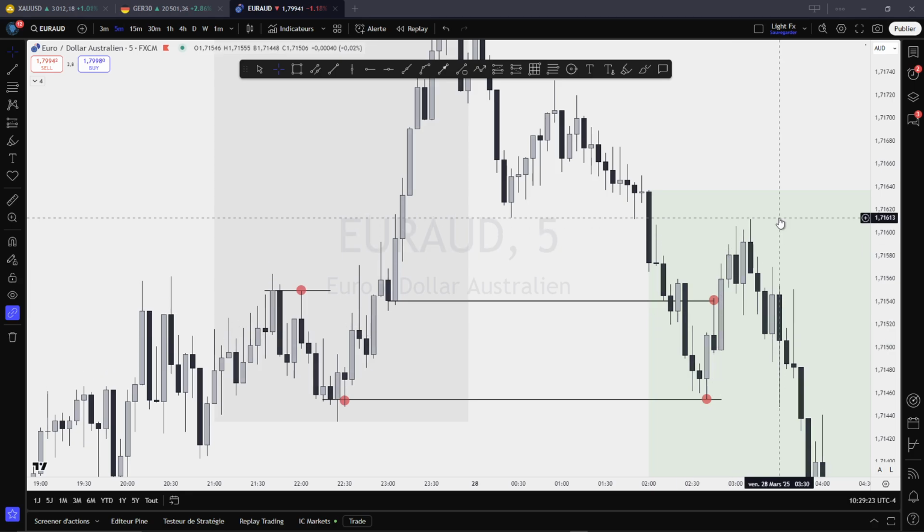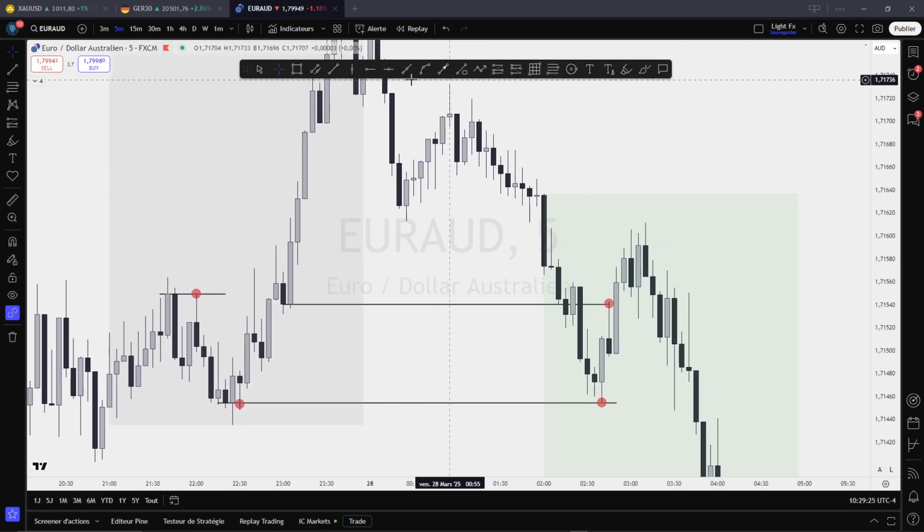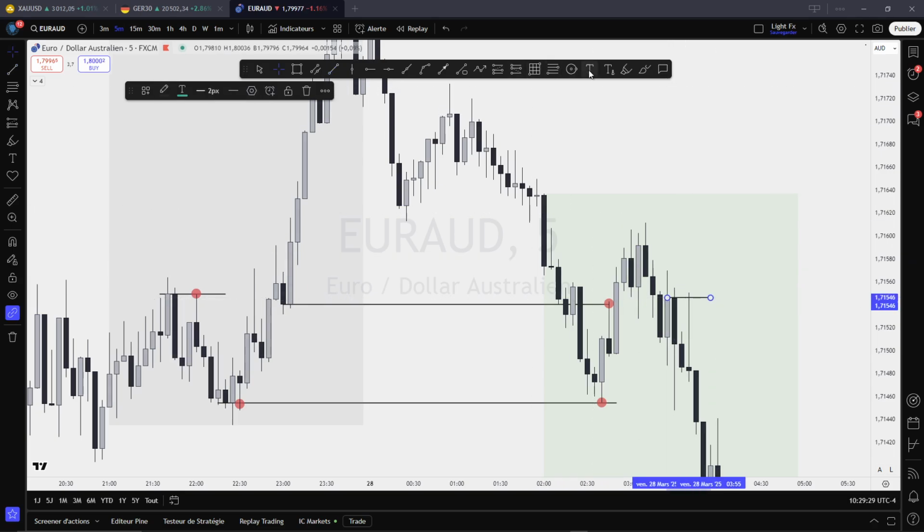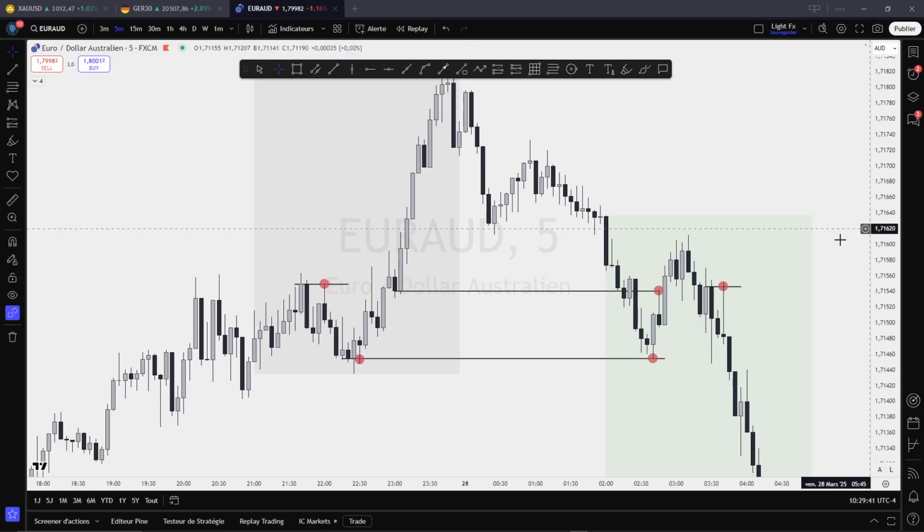So the A and the V, or peak and valley levels, are one type of our key levels. I hope you understand this one. I'm going to show the next one.